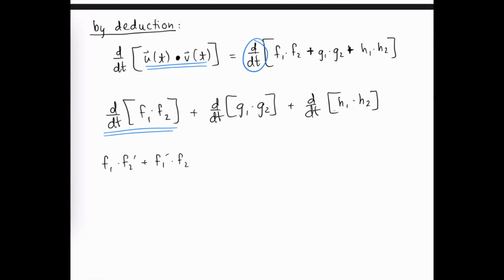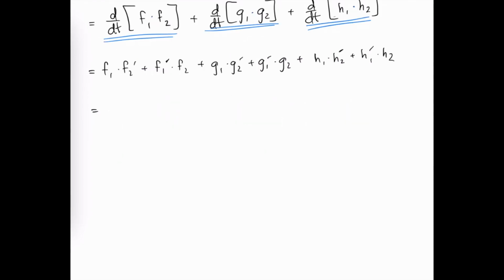To that, we're going to add the derivative of the g1 times g2 scalar function, which is going to be the first times the derivative of the second, plus the derivative of the first times the second, plus, now we're going to get the derivative of that third scalar product, which is the first times the derivative of the second plus the derivative of the first times the second.